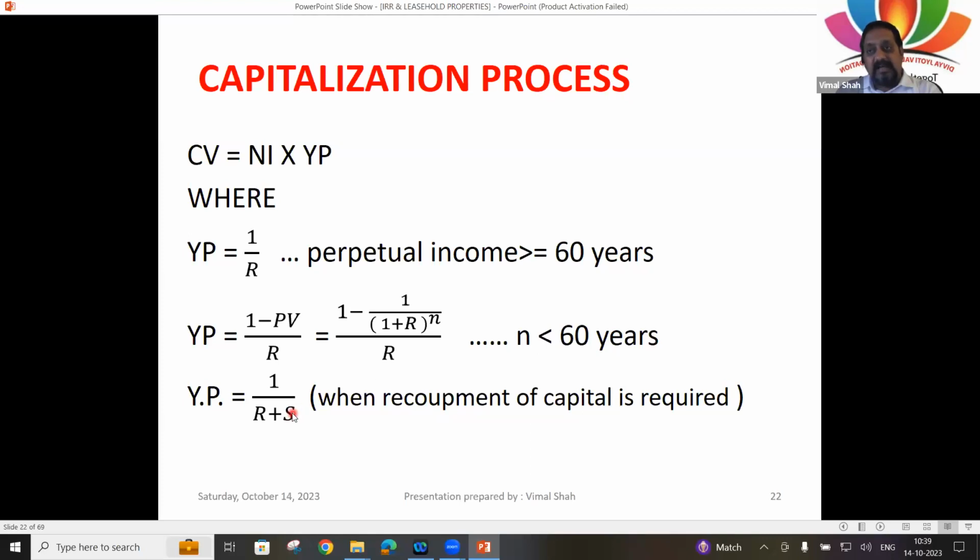Here s is the annual sinking fund factor, r/((1+r)^n - 1). So these are the 3 formulas that we use for YP. Let us go through these examples.